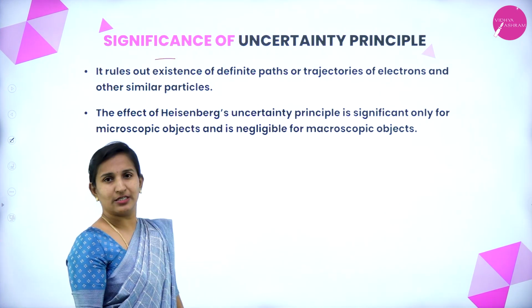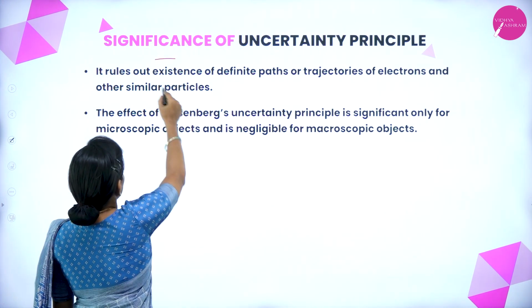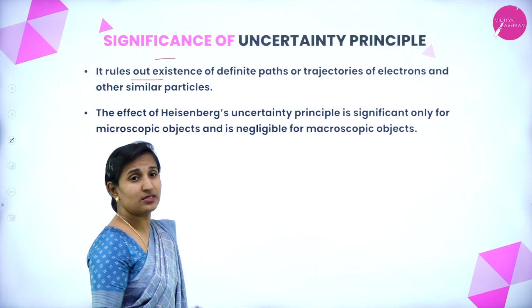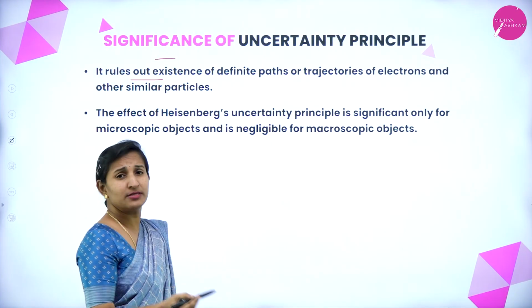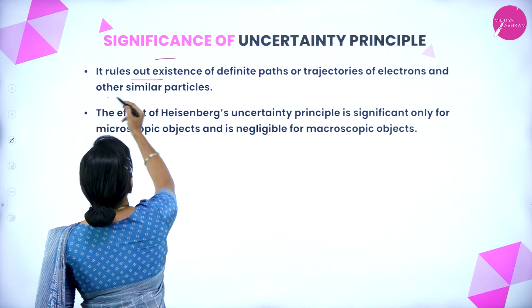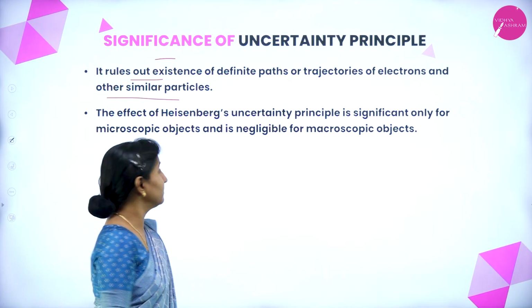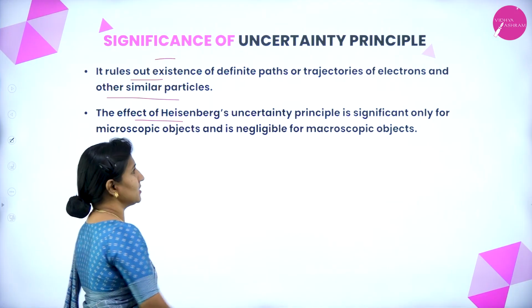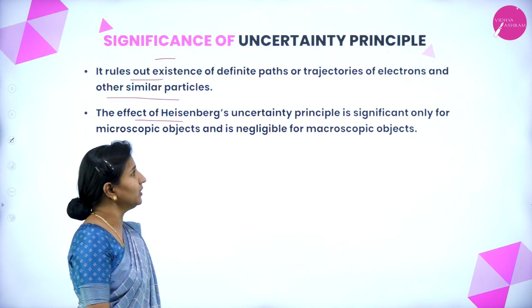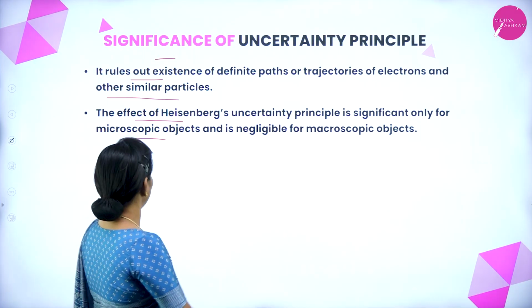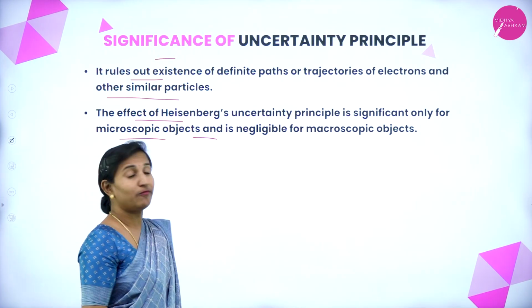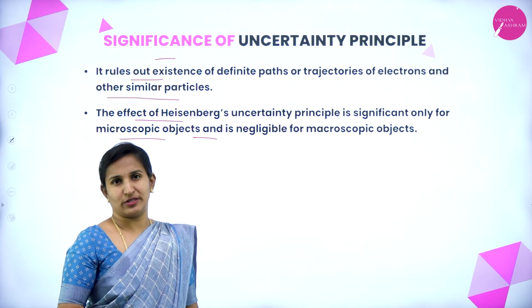Significance of uncertainty principle: it rules out the existence of definite paths or trajectories of electrons and other similar particles. The effect of Heisenberg uncertainty principle is significant only for microscopic objects and negligible for macroscopic objects.